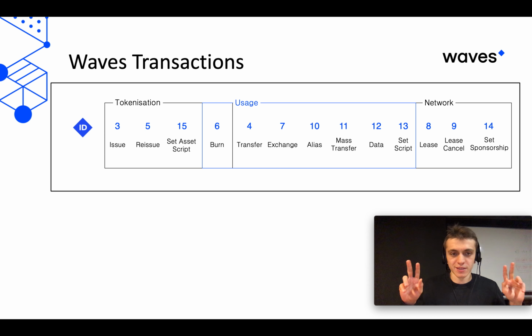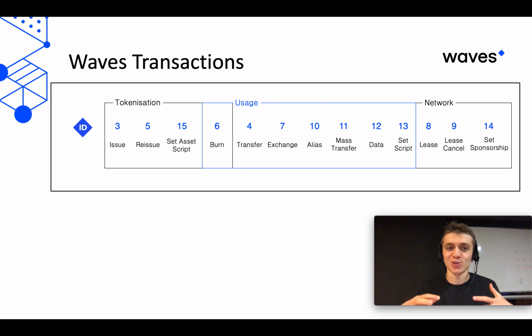To work with tokens, to transfer tokens, to lease. The consensus mechanism for the Waves blockchain is called leased proof of stake, not just proof of stake, to be honest. So again, if you're interested in what leased proof of stake is, you can go to the official documentation and find more details there. Right now, I'm trying just to say that there are different types of transactions.